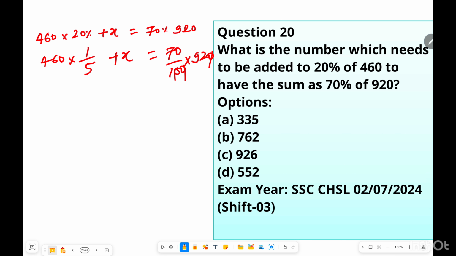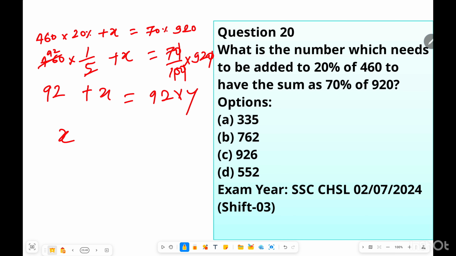If you cancel this 0 with this 0 and solve it, 92 plus x equals 92 multiplied by 7.